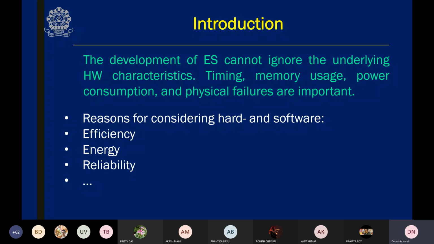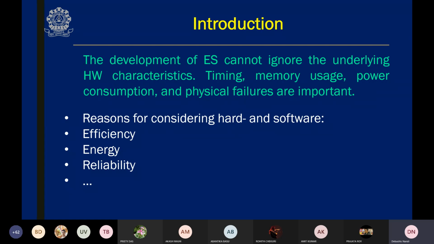So we should consider both hardware and software, because efficiency is an important thing. The efficiency can be improved by designing the hardware system properly along with the design of software. Energy utilization is also another factor. Reliability is another factor.